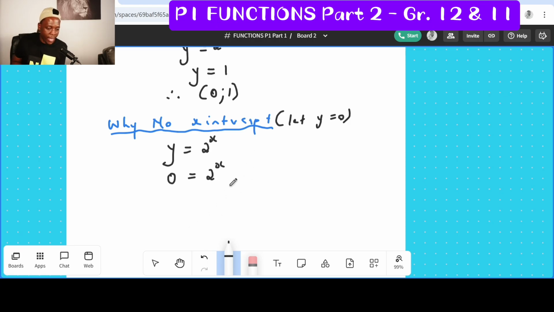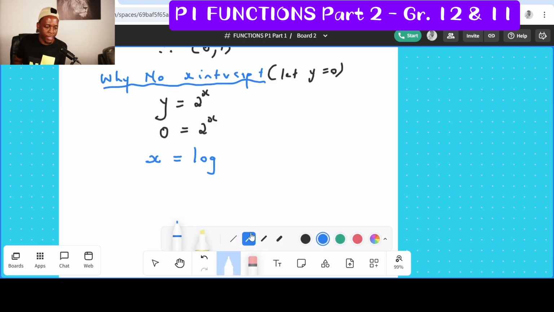Solving for x, when x is an exponent, we can either make the same base on both sides. In this case, of course, we cannot say the base of 2 to the power anything and get 0. So we either make the same base, which is not possible here, but the other option is to convert the exponential form into a log form. An exponent, which is x here, is a log in grade 12. If you are doing grade 11, just know that, okay, no x-intercept, it stops there. But with grade 12, let's just have some fun just to show that we are not going to have any solution here.